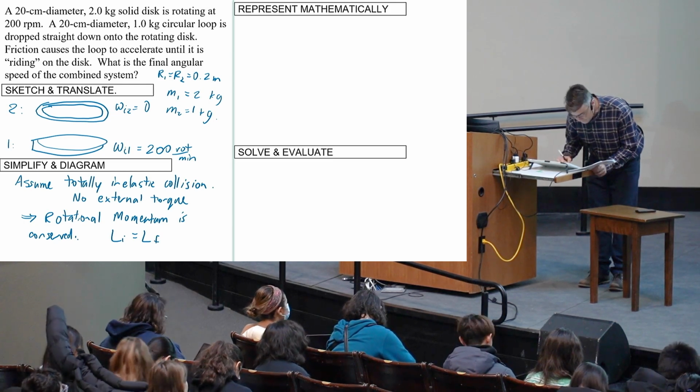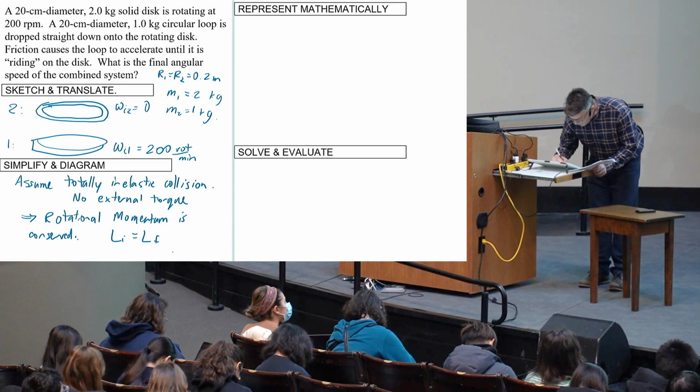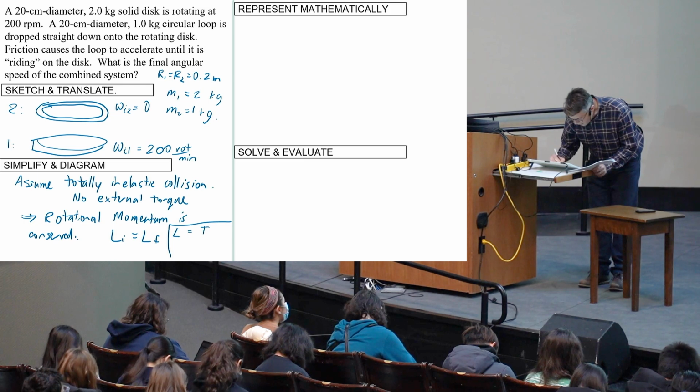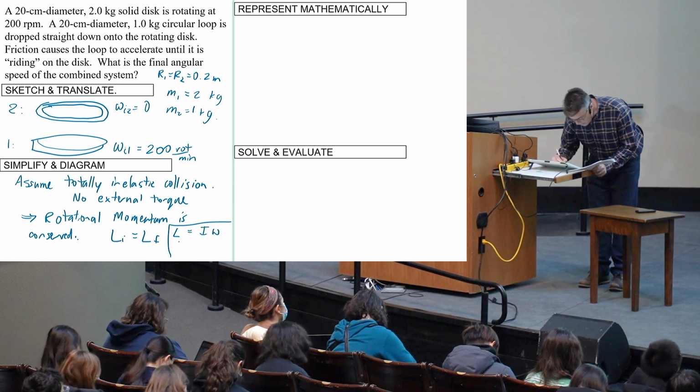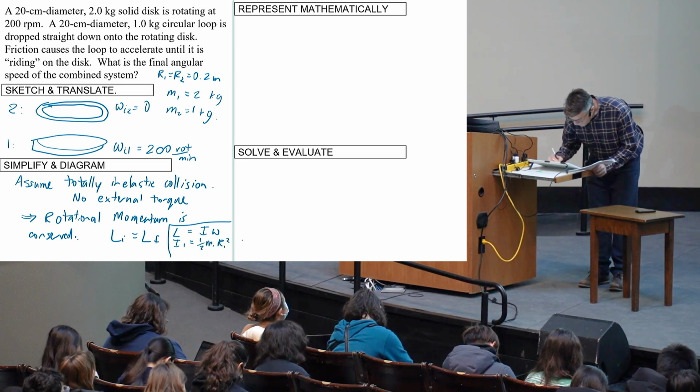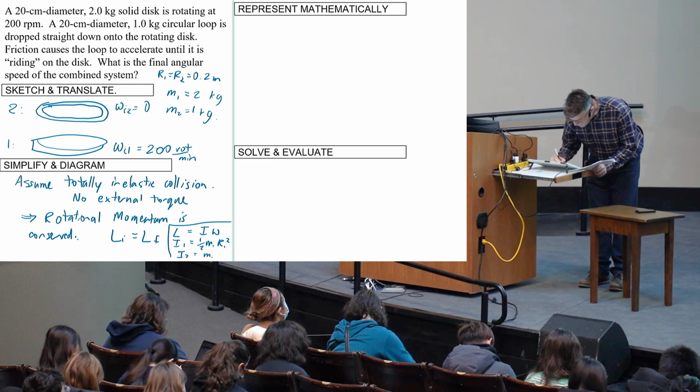That's how we're going to do it. And remember here that L is equal to I omega, and I1 is equal to 1/2 M1 R1 squared, and I2 is equal to just M2 R2 squared.